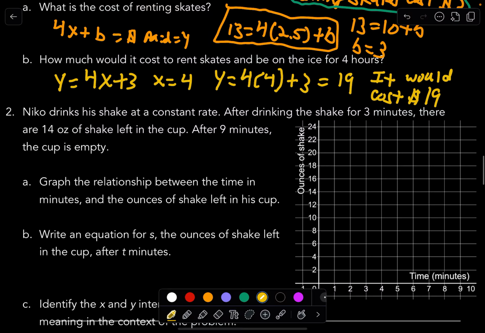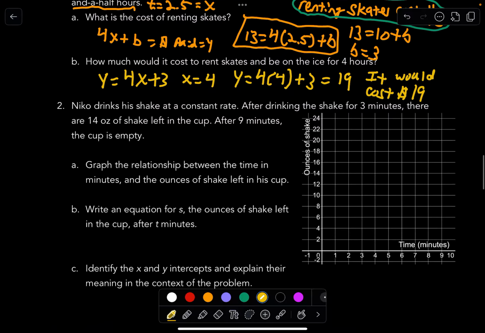Okay. For the next question, Nico drinks his shakes at a constant rate. After drinking the shake for 3 minutes, there are 14 ounces of shake left in the cup. After 9 minutes, the cup is empty. All right? Graph the relationship between the time in minutes and the ounces of shake left in the cup. Well, they gave you some information here that you'll have to turn into ordered pairs.